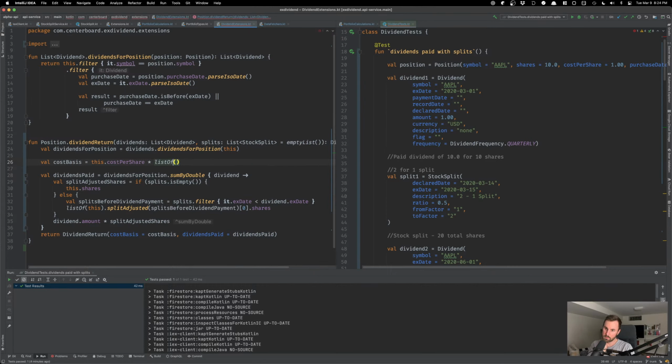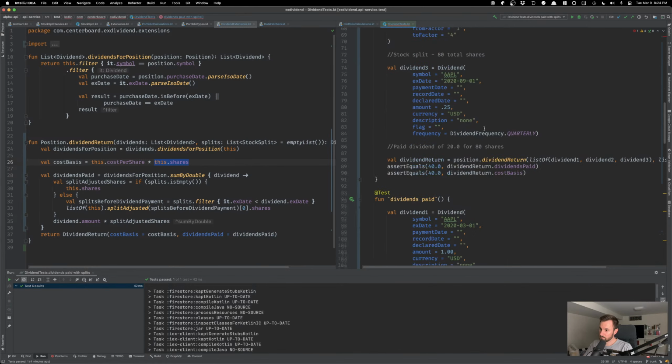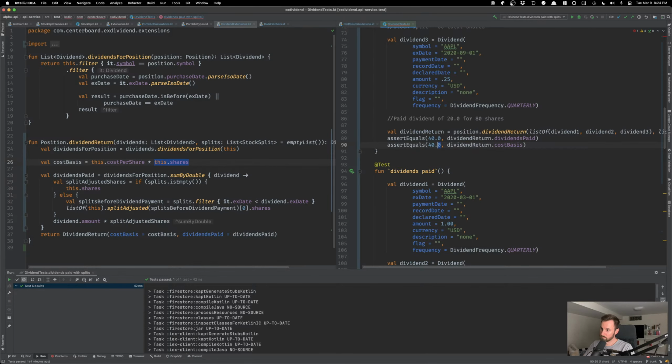That doesn't make sense. It should just be what you paid. So the cost basis would be, because you only paid $10 for the shares.